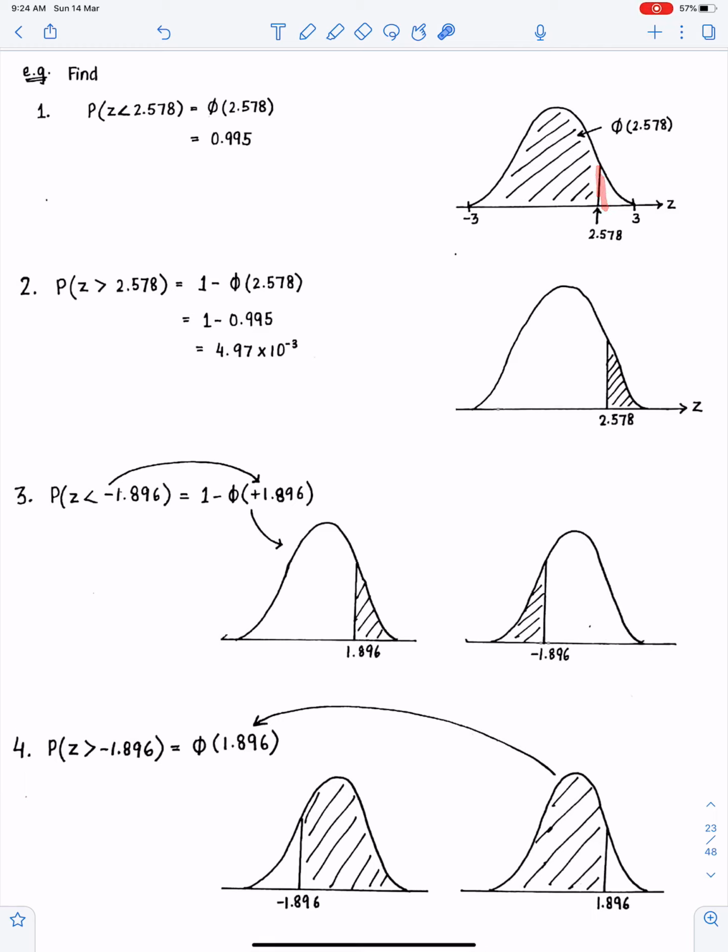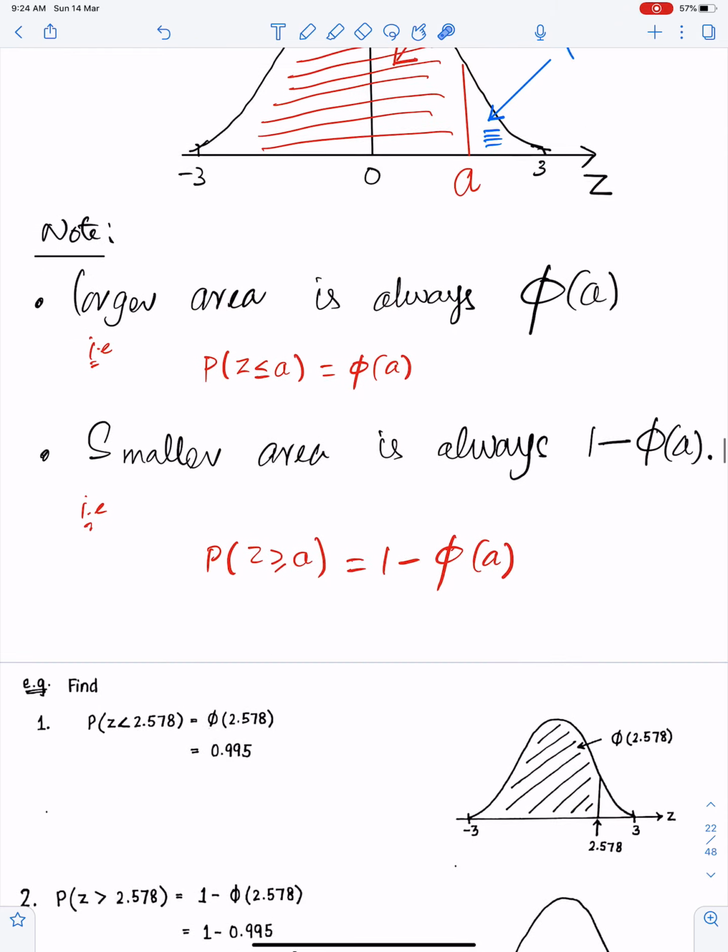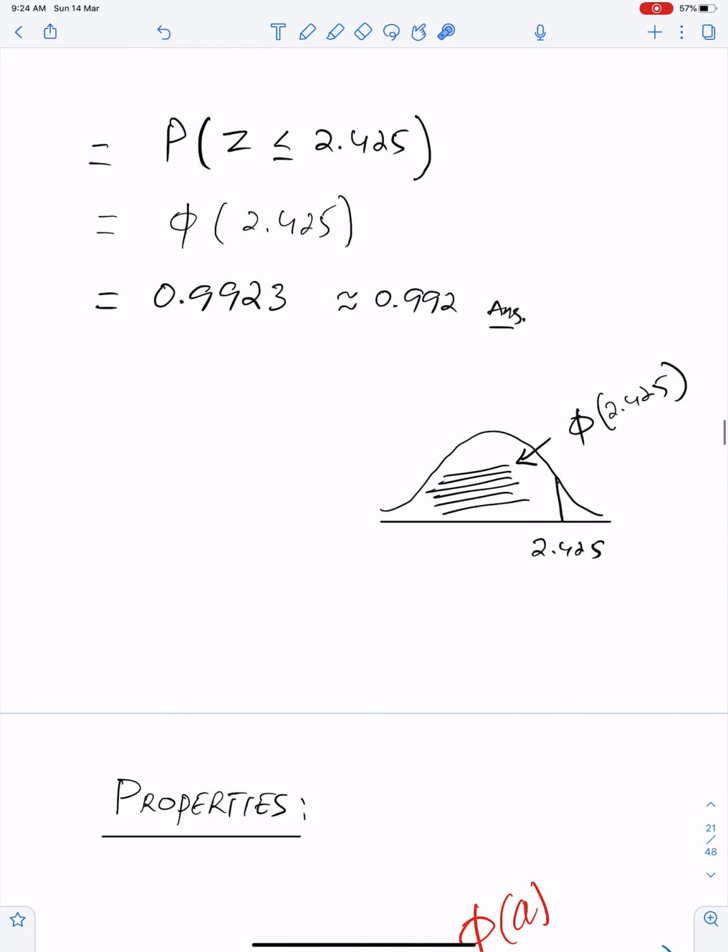And since we have a less-than sign, we need the left side area of this reference line. This is the requirement. And since this area is large with respect to this area, therefore this area must be phi of this number. You need to write phi of this number. That is why I wrote phi here.